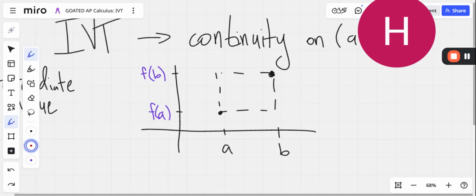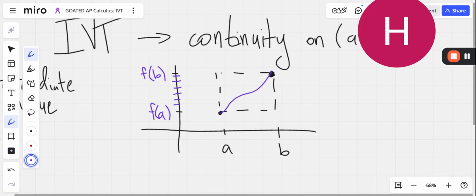Otherwise, it's no longer a function, so you can't do whatever you want. You could certainly go outside of this box, come back down.